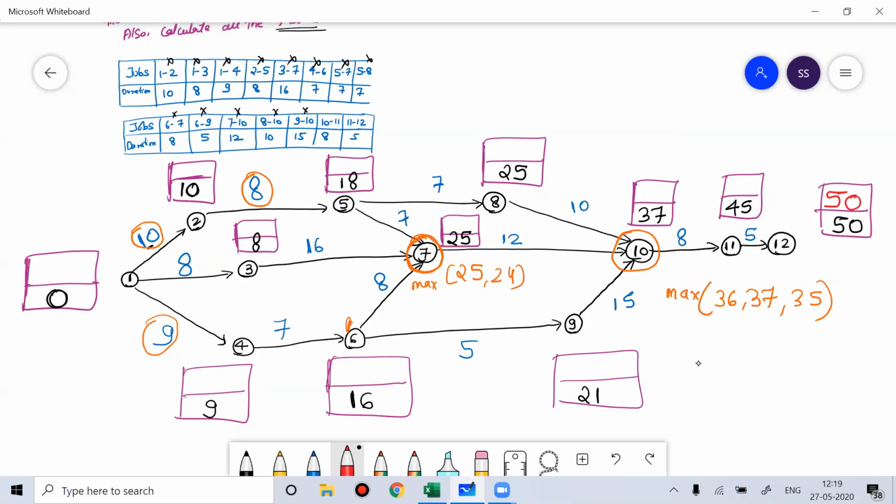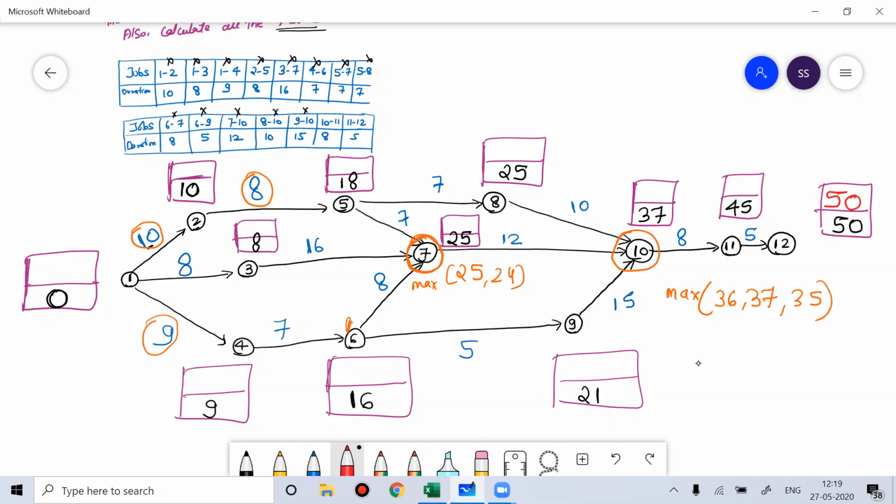When you are going back, you are putting the latest time here. At the top, you put the latest time. At the bottom, you put the earliest time. Now you go back.